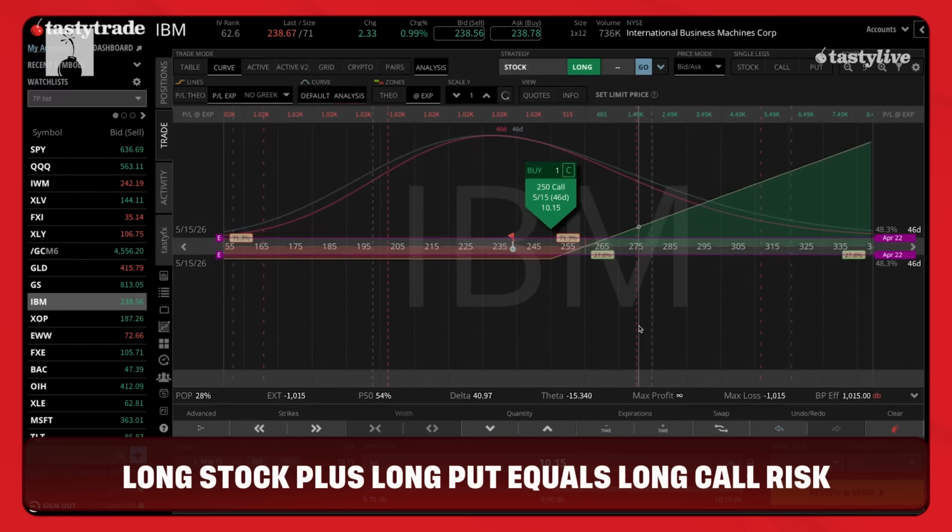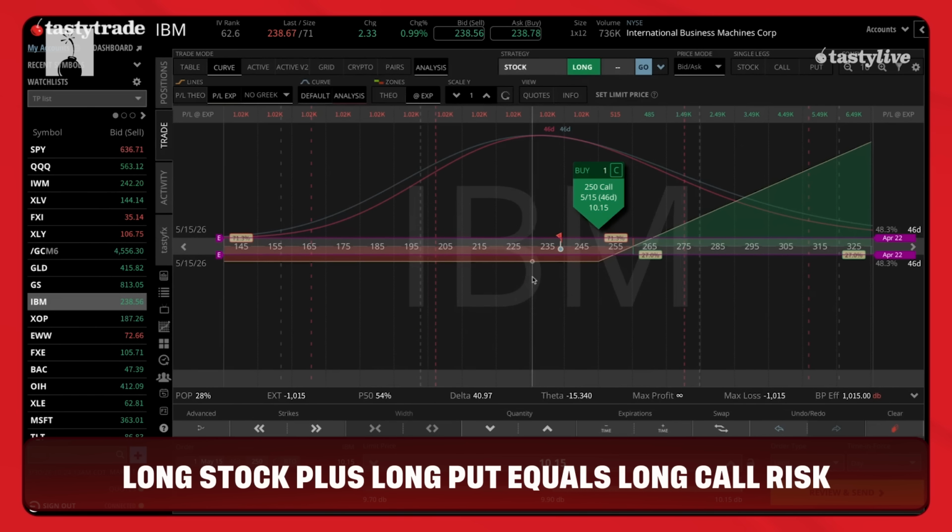And this is a very typical long call profile. Okay, stock price is here. Stock price goes down, I lose money. Long call, I want the stock to go up. As the stock goes up, the P&L turns positive. Okay, makes sense. And there's that inflection point at the strike price of the call, the 250 call.